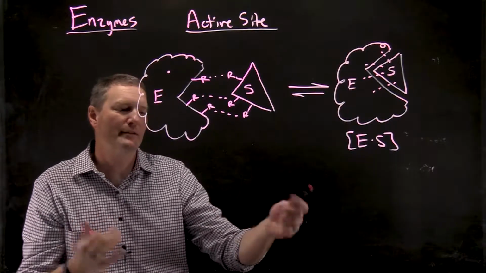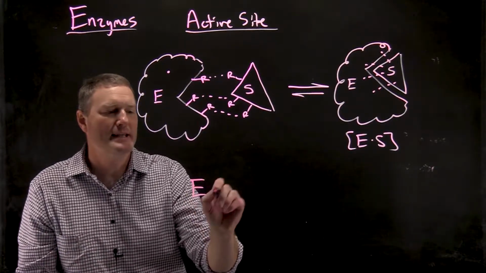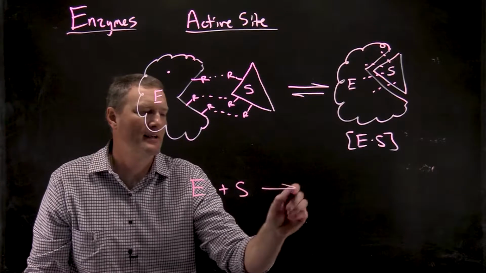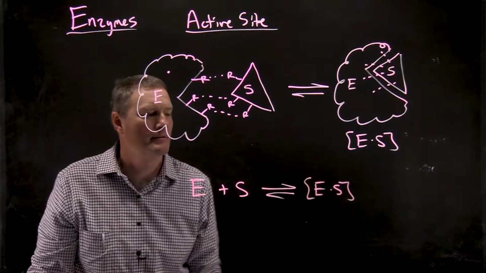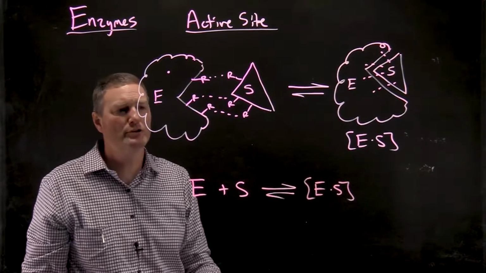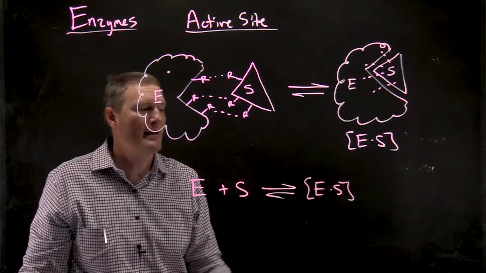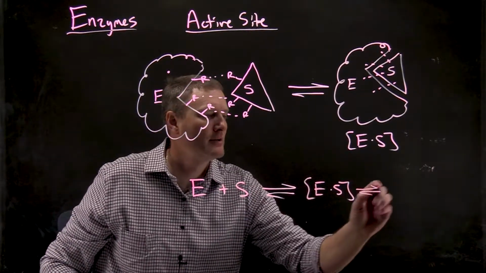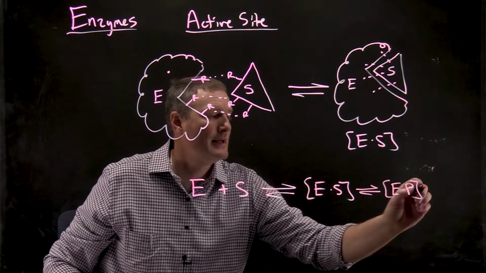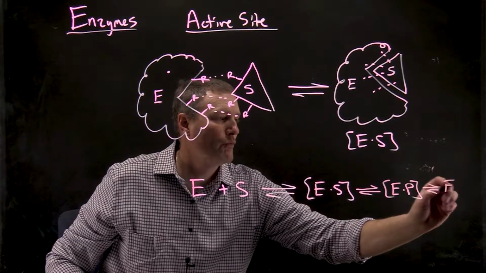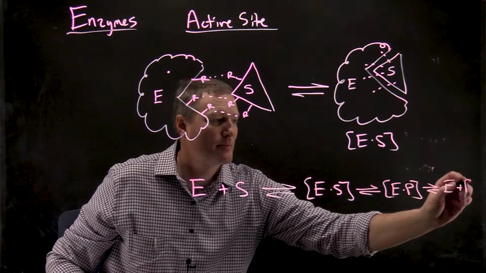We can draw this out a little bit simpler way if we just say E plus S yields E dot S. That intermediate now is usually a very short-lived intermediate that's now going to convert to enzyme dot product. And then that continues to enzyme plus product.